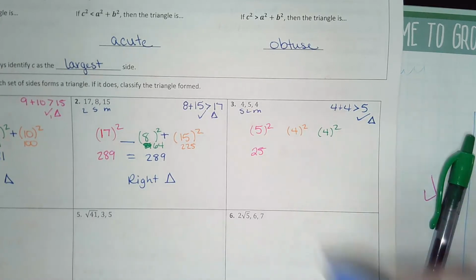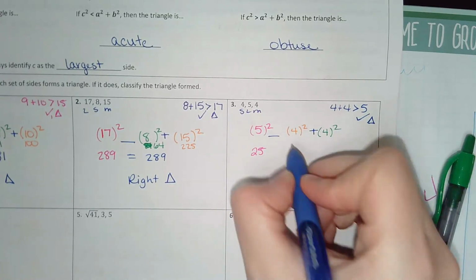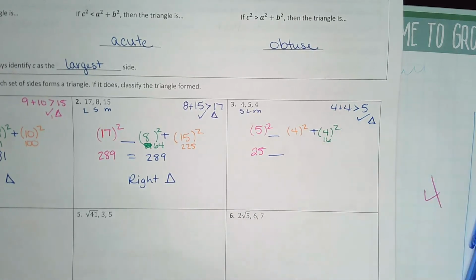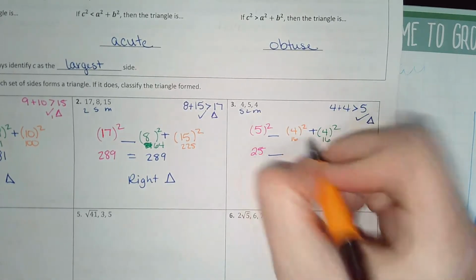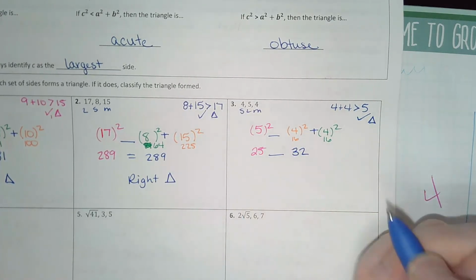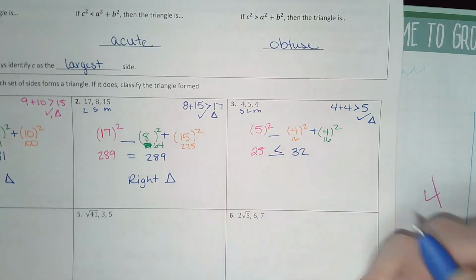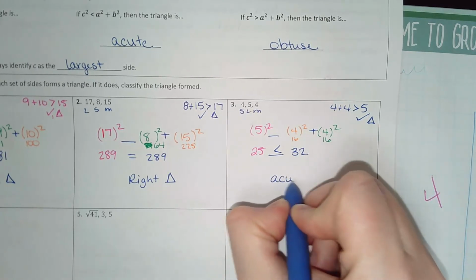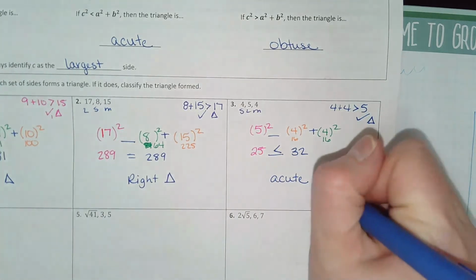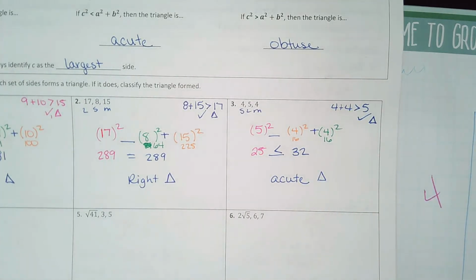And we're going to see if these are bigger or smaller. So that becomes 16 plus 16, which is 32. 32 is greater, so then this is acute. Okay, so that's with integers.